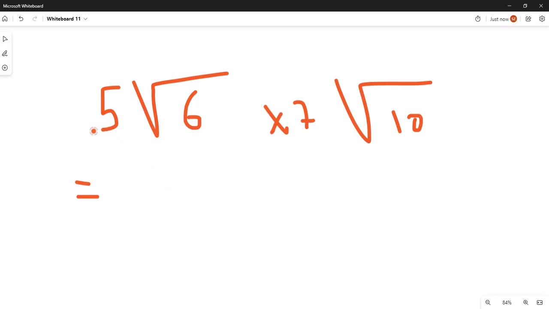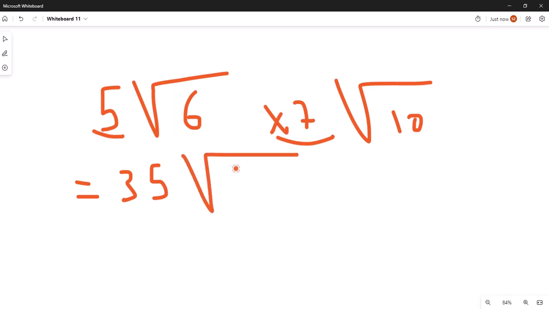So now we can multiply 5 times 7. This will give us 35. And this is equal to square root of 6 times 10. It will give us 35 square root of 60.